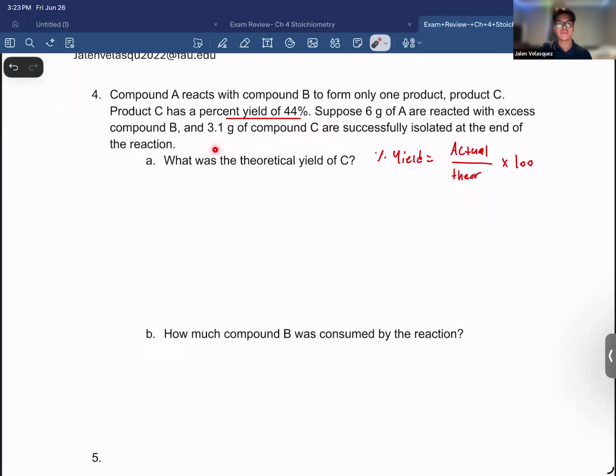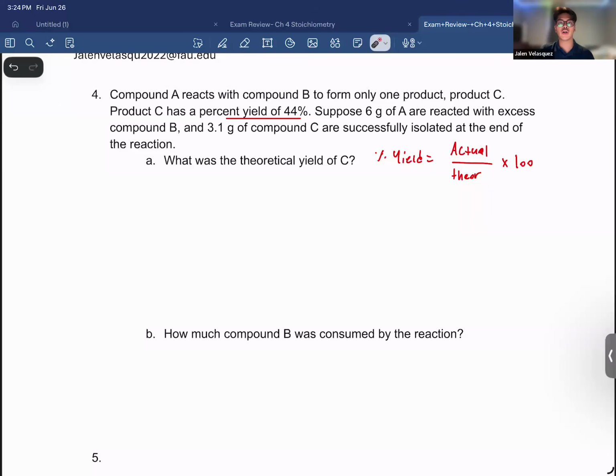So that means that this has to be the actual yield, right? Now, this times 100 at the end of the equation should just make this into a percentage, right? So we have a percentage already. To do the math, we just have to undo this percentage, right?